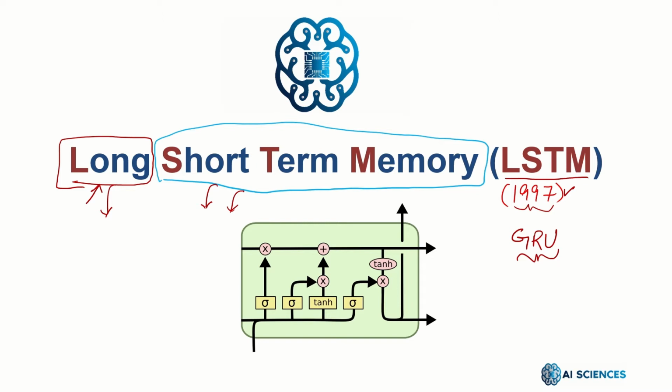This long short-term memory appeared in the context of recurrent neural networks. Let me start this tutorial by introducing very briefly what a recurrent neural network is and what the problem in recurrent neural networks is that brings the need of maintaining the short-term memory for a longer period of time.